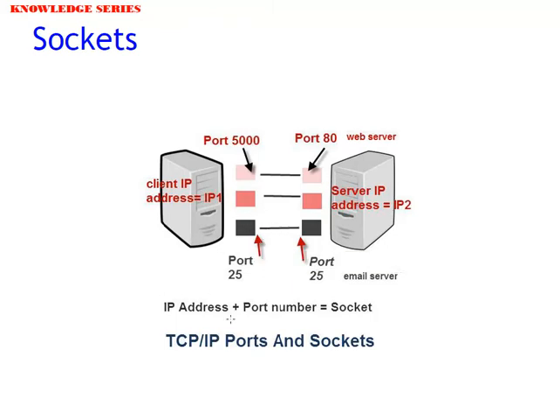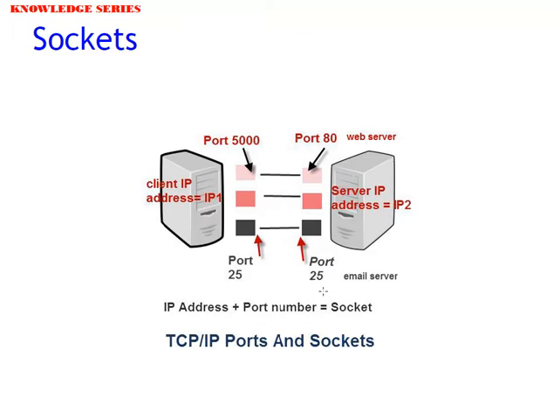If you try to understand the analogy, assume that you have a house or an apartment. Automatically your house will have a separate address, just like an IP address corresponds to a street address.